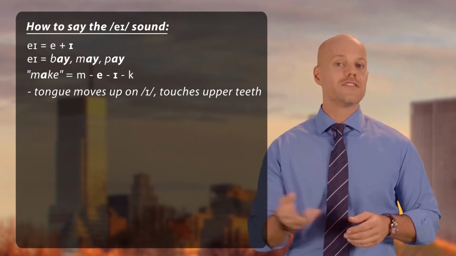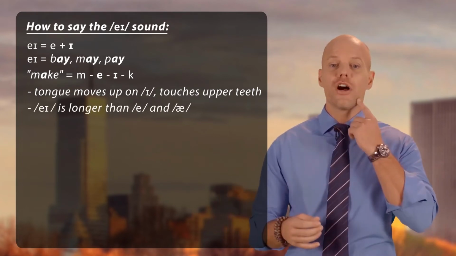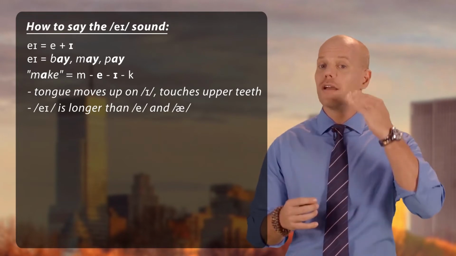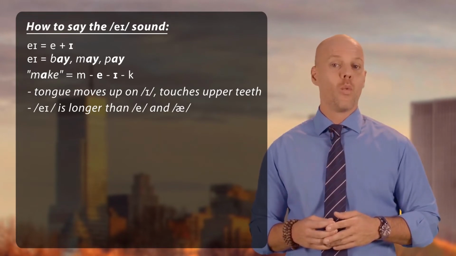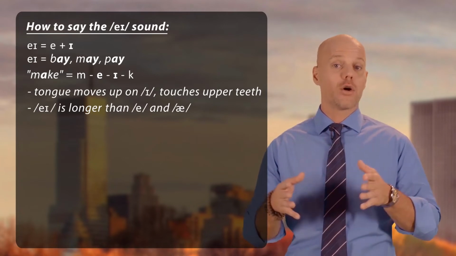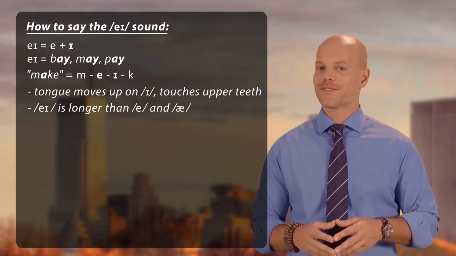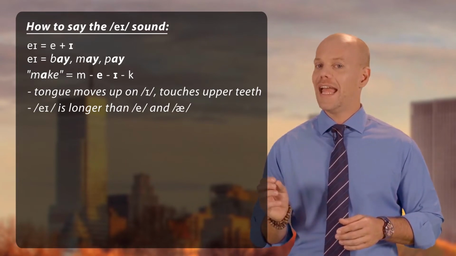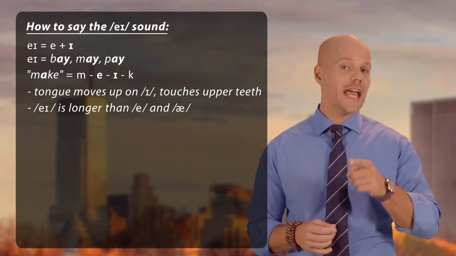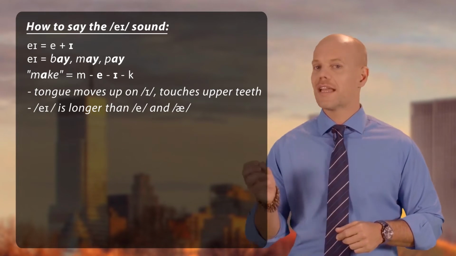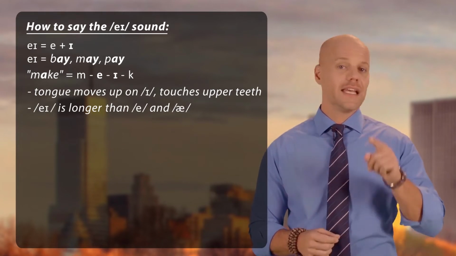The A is longer, and the jaw and the tongue are moving while you're saying it, whereas the E sounds are shorter, and the mouth doesn't move during the sound. Short E, gliding A, short E, gliding A.